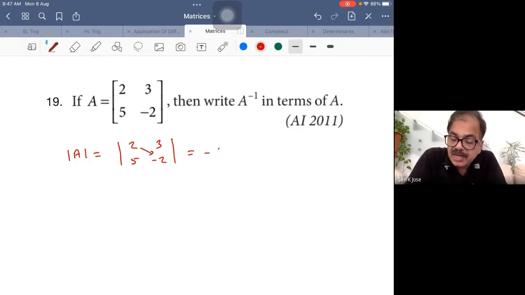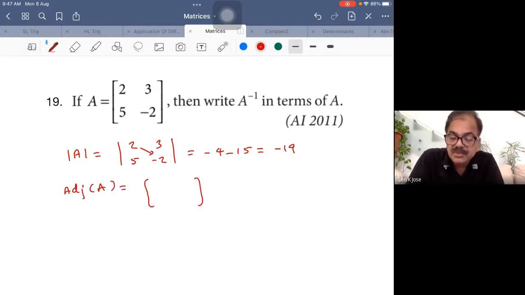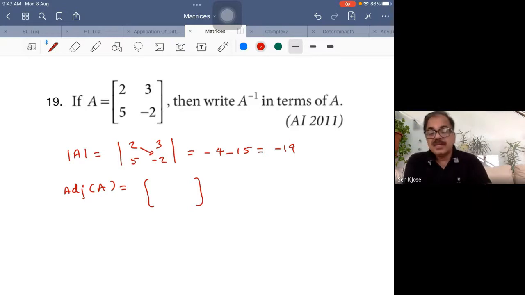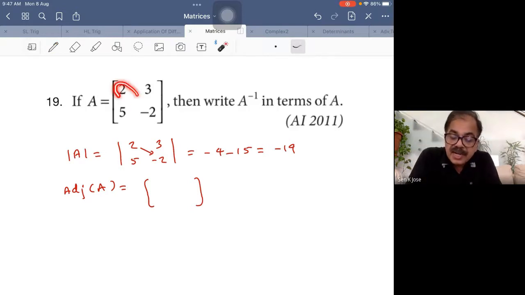So that's going to be -4 minus 15, which is -19. Now I need the adjoint. So adjoint of A would be the same matrix, but what should I do? We have a rule. Interchange the diagonal elements. Diagonal elements are 2 and -2.